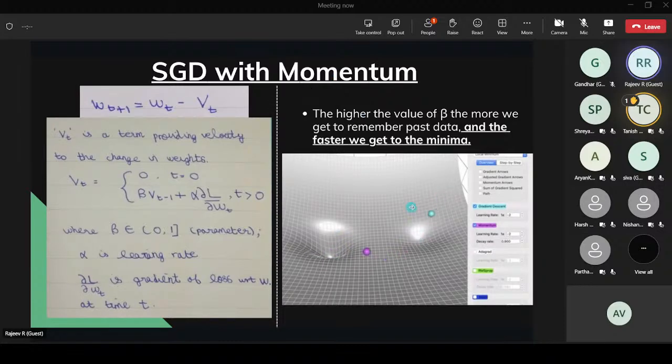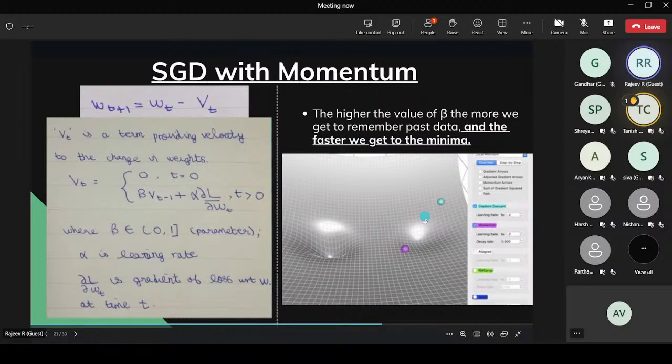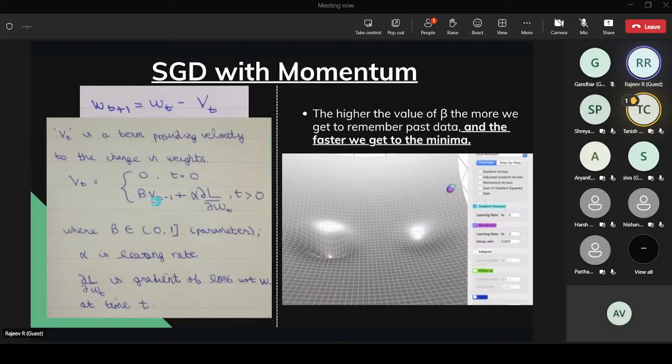As you can see in the GIF, SGD with momentum is in purple and gradient descent is in blue. When you have speed, it escapes the local minima and goes to the global one. How does tweaking the formula help it get speed? I'll explain with this math. The velocity at any point in time is beta, which is a small number between 0 and 1, times the velocity before the iteration, plus your learning rate times the gradient at that point.